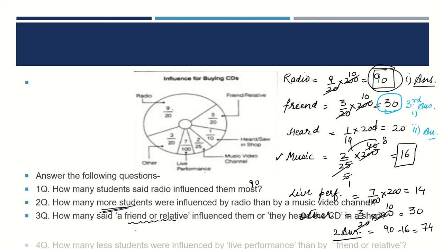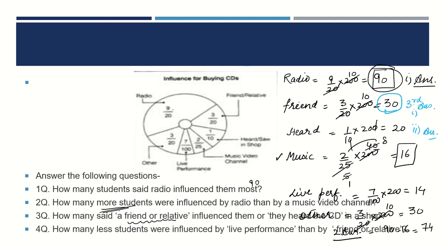Next is, how many less students? As in second question we have asked about how many more students, now we are asking about how many less students. Again, how many less or how many more means there is a question of subtraction. How many less students were influenced by live performance than by friend or relative? So compare both the data.